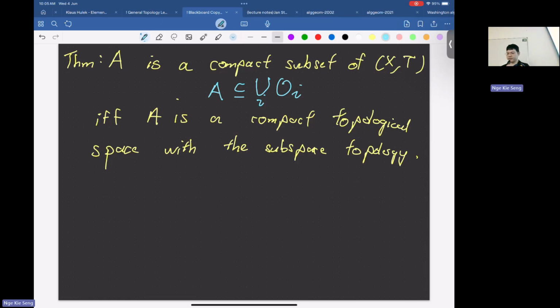How about a compact topological space here? View it as a subspace topology. So how does an open set in the subspace topology look like?